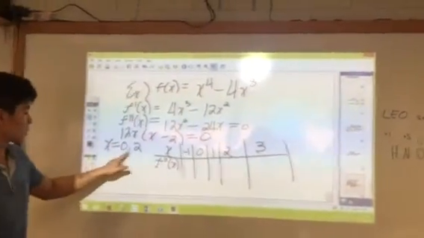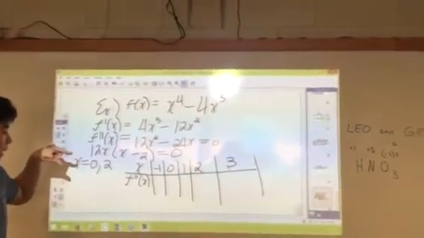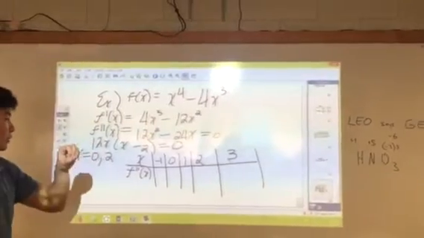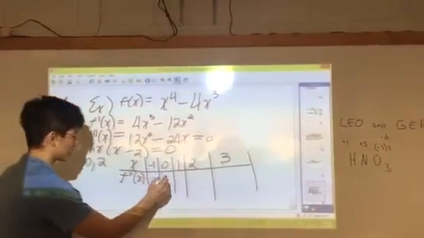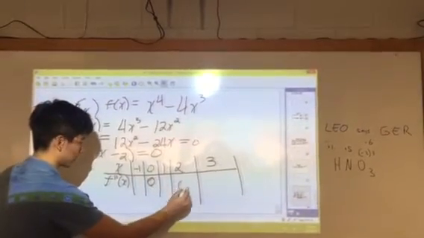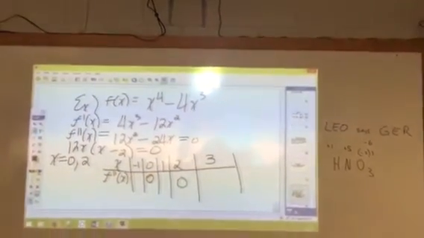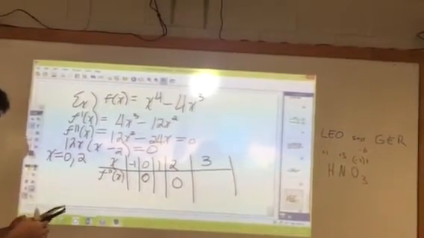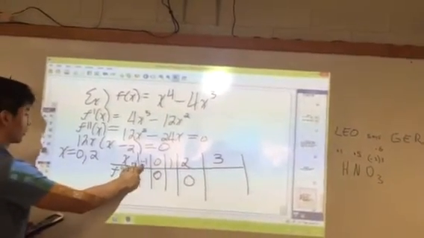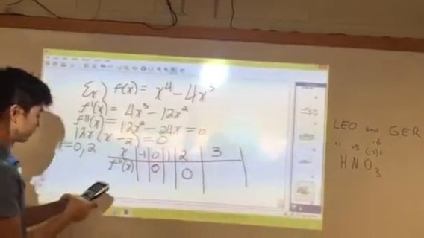And remember, 0 and 2 create a value of 0 for the second derivative. So you don't really need to input anything, just put 0 and 0 for these two values. Now, to find the intervals at which it's concave down and concave up, let's try inputting -1 into the second derivative.